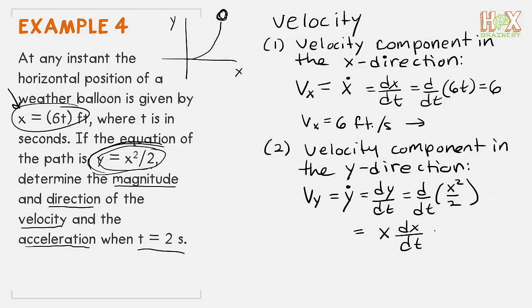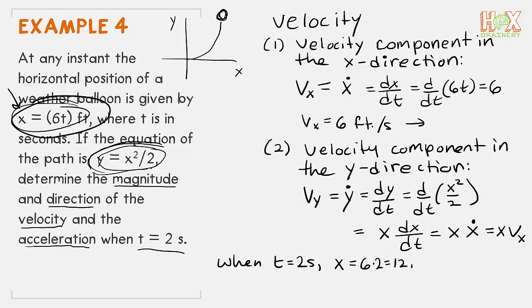All right, so you can think of it a couple different ways. You can think of this as x times x dot, right? That's what dx dt is, the first time derivative. And you can also think of this as x times v sub x. Okay, so when t is equal to 2 seconds, x, I'm going to have to use this equation up here again, is equal to 6 times 2, or 12, and v sub x, which we just found a little earlier, is equal to 6.